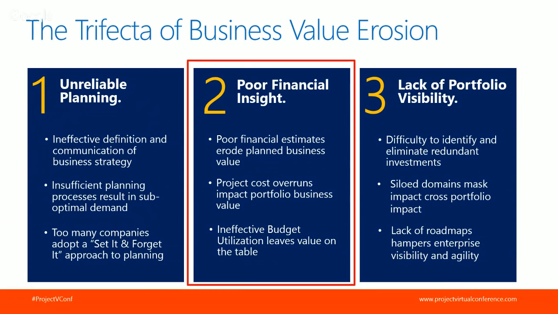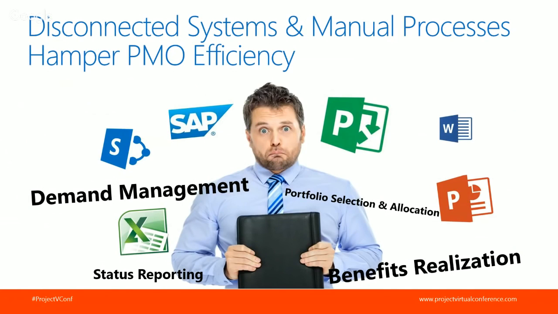So the ability to look across portfolios, the ability to bring together often siloed domains like the project, application, and infrastructure portfolio example I gave earlier, and the ability to build strategic roadmaps that show the cross-portfolio impact of any change are areas that we need to improve in terms of portfolio visibility. But as I said, we're going to focus today more on poor financial insight.